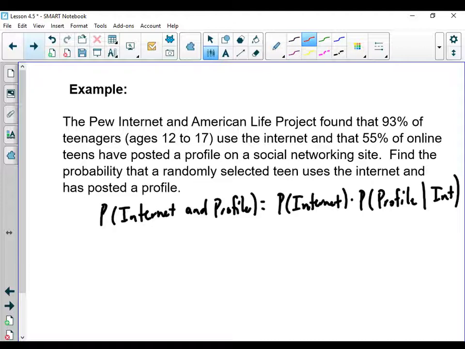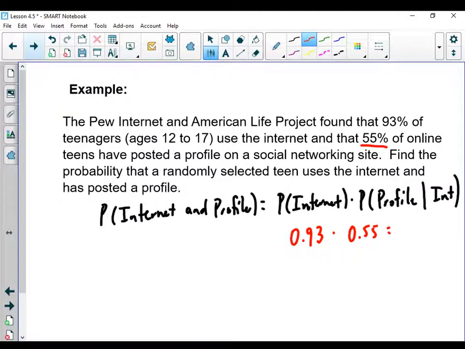So let's start with the percentage that use the Internet. Well, according to this, it was 93%. Then I look at the percentage that had a profile given that they had the Internet. Well, that was the other part, the 55%.